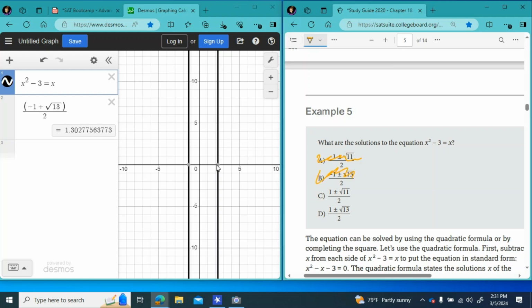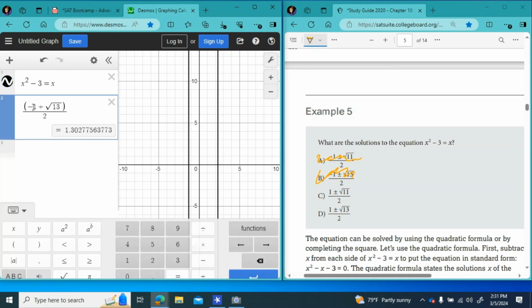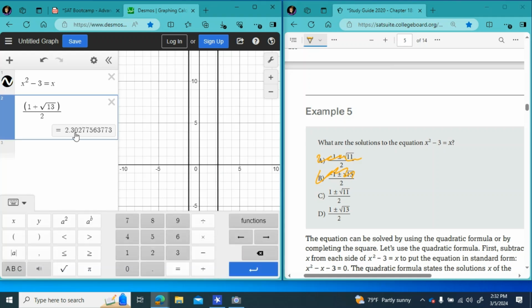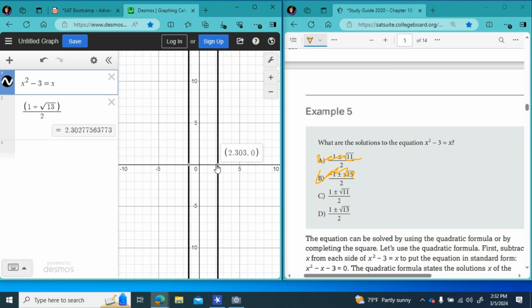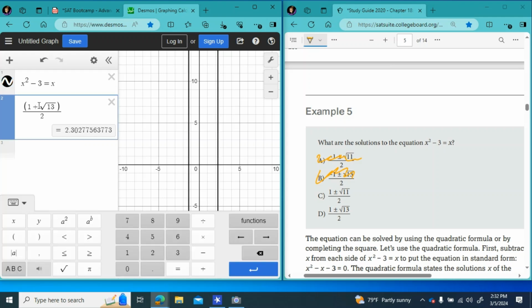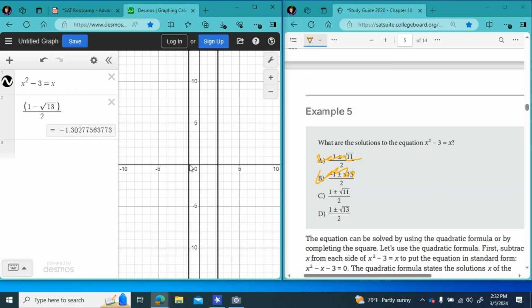So I'm going to take out this negative. And ooh, that looks like a match. 2.303 and this 2.3027. This 7 tells this 2 to go up by 1 to a 3. So this is a match to my positive solution. And when I change this plus to a minus, this 1.30277 is a match to my negative solution.